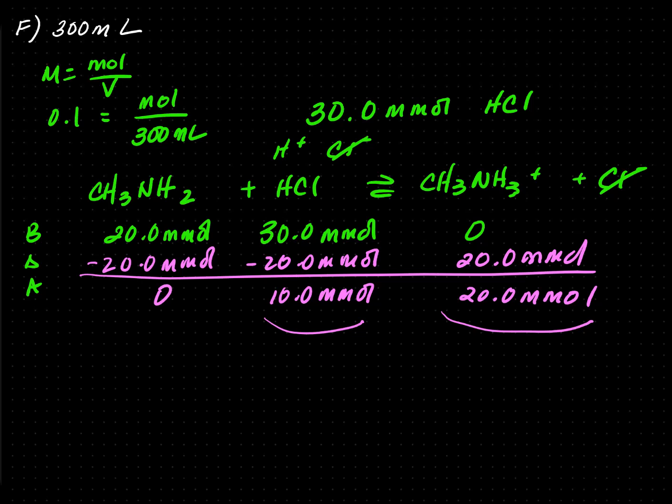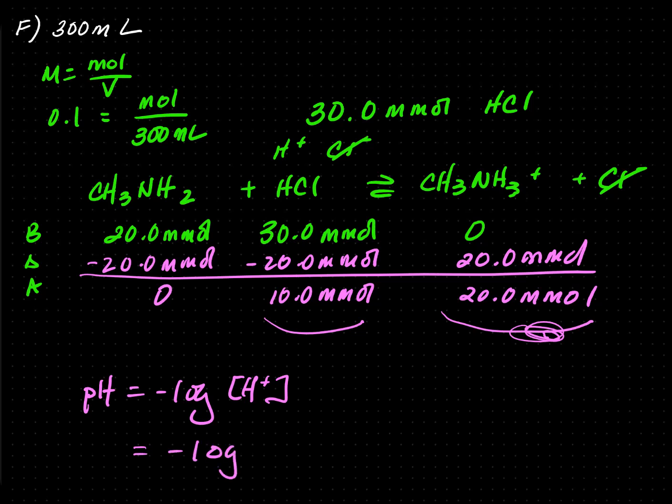How do we know? The Ka was times 10 to the negative 11th. Here, we don't need to do an ICE table. We could go directly to pH is equal to negative log of H plus, because even if I added this conjugate acid, because the Ka is times 10 to the negative 11th, it will have no effect.